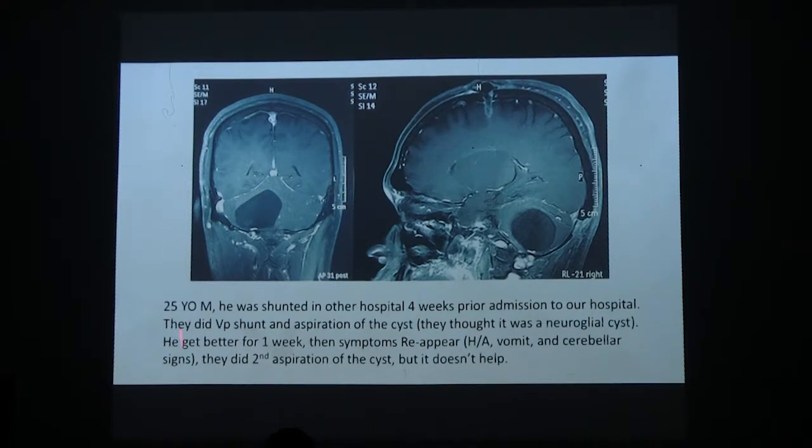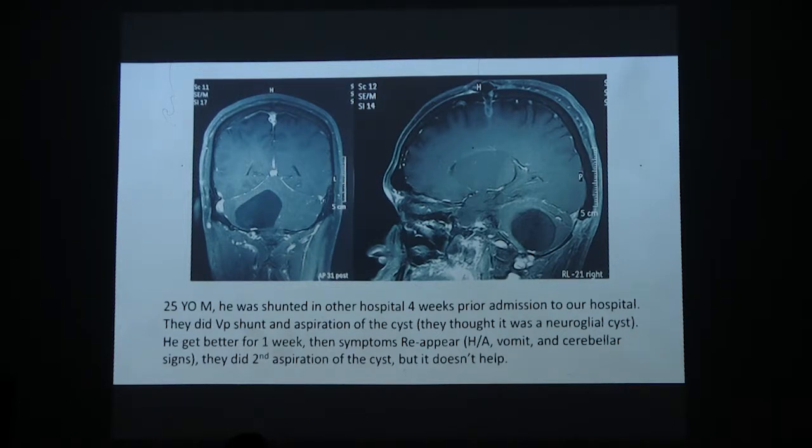Okay. He got better for 1 week, then the symptoms reappeared with headache, vomiting, cerebellar signs. And his father is actually an ENT surgeon. And then they came to us, Professor Eka, and then we tried to study the picture.